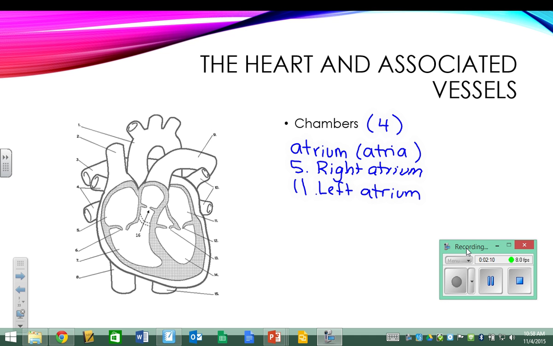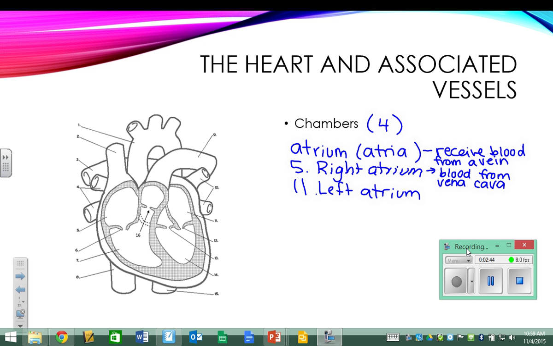The function of both of your atria is to receive blood from a vein. Your right atrium, so the one that's on the left of the picture, gets blood from your vena cava, which is a giant vein that comes back to your heart.